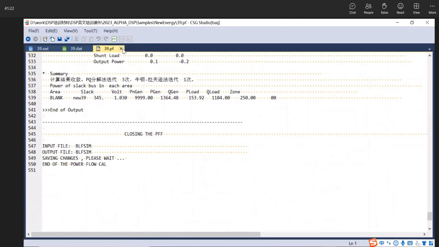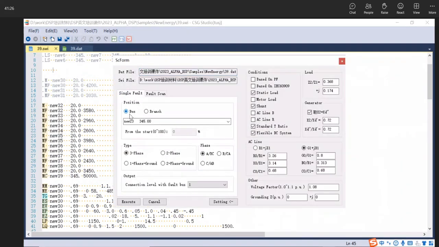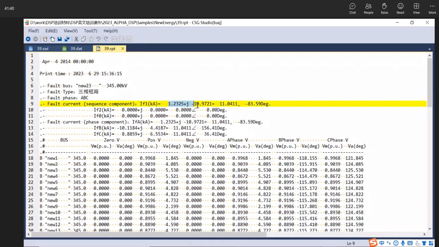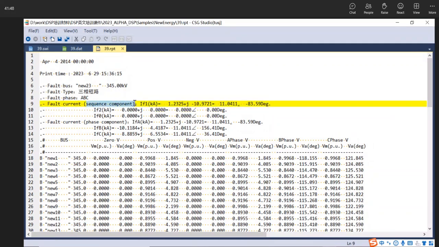And for the single fault, we set the three-phase short circuit fault on the new 23. And you can see it gives the different sequence component of the fault current.